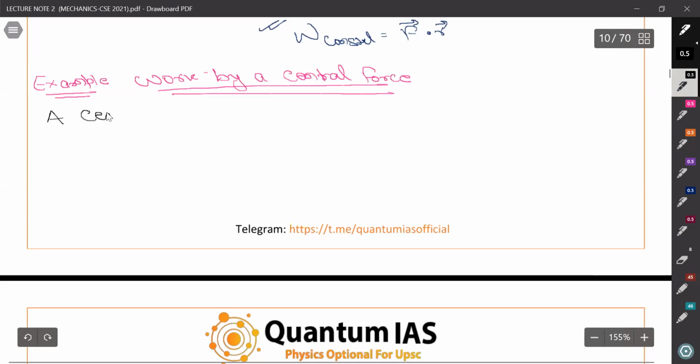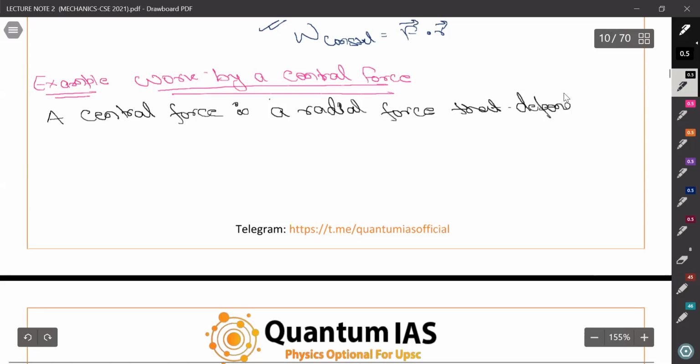A central force is a radial force that depends only on the distance from the origin.